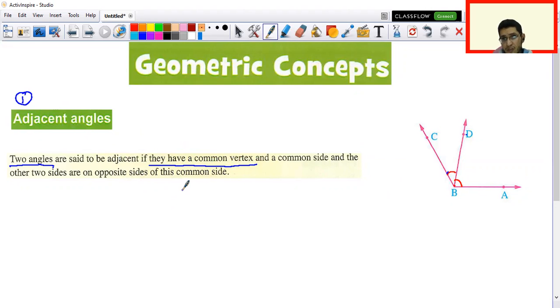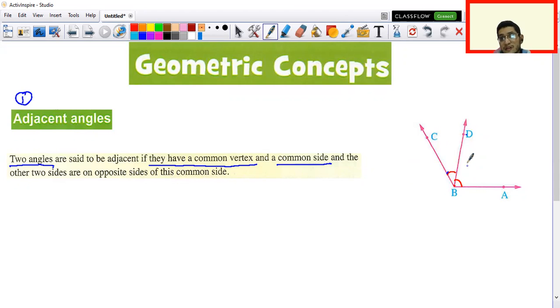The second condition is there is a common side. Here, ray BD is a common side of the two angles. In angle CBD, BD is a side in this angle.